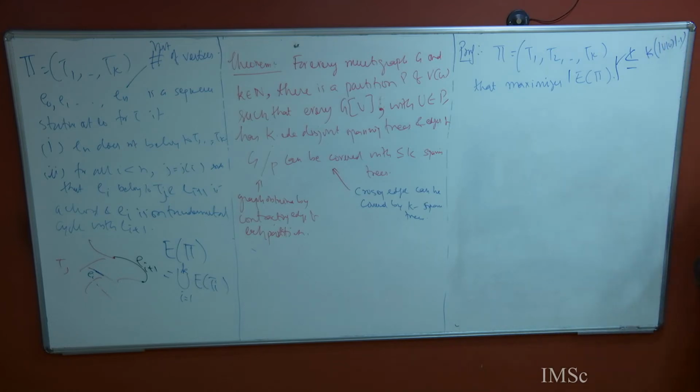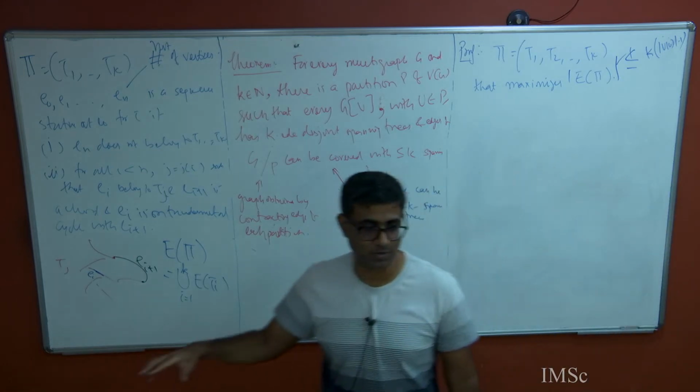If you did have k edge-disjoint spanning trees, you would pick all of them. So I start with this, and I say this has some nice properties.